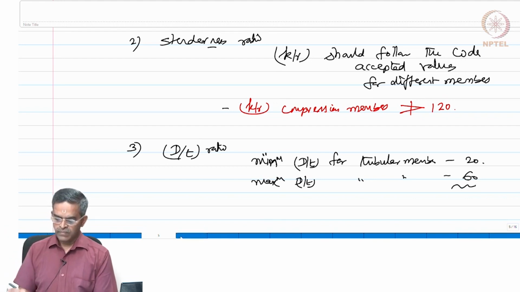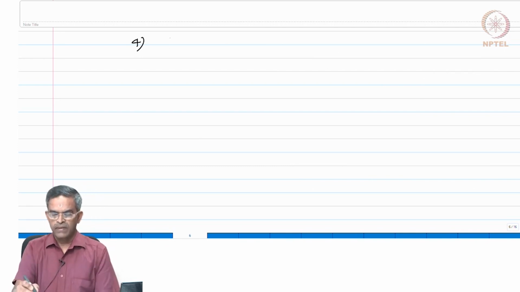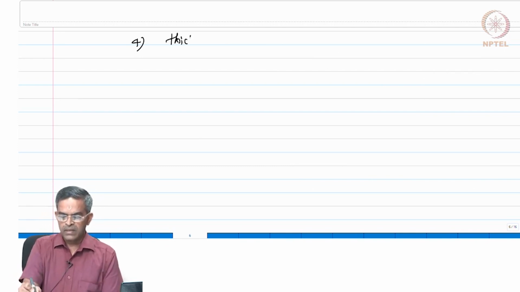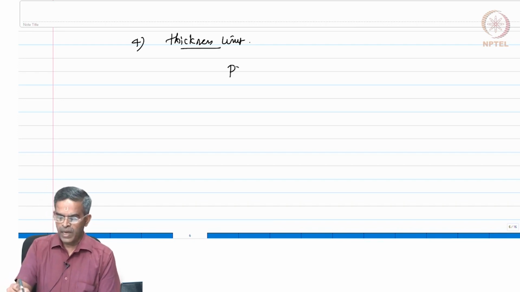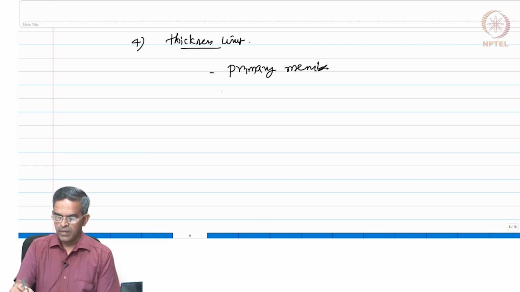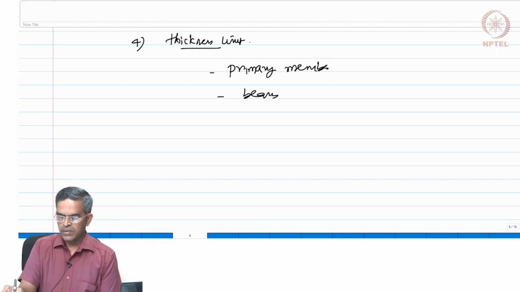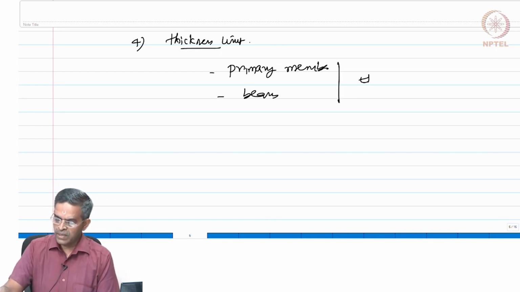Okay. The next condition, the design acceptance criteria is thickness limit of the member. There is a limit imposed on the thickness of the member. The primary members, the beams, that is flexural members, cannot have a thickness lesser than 6 mm.